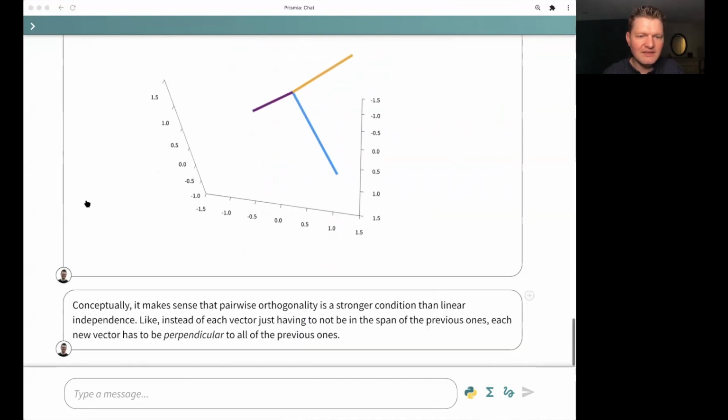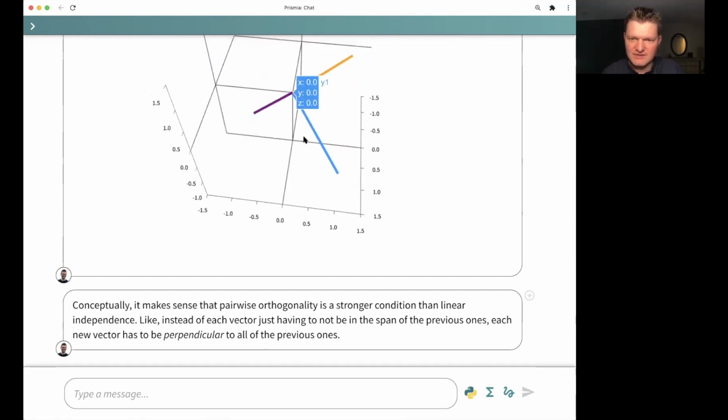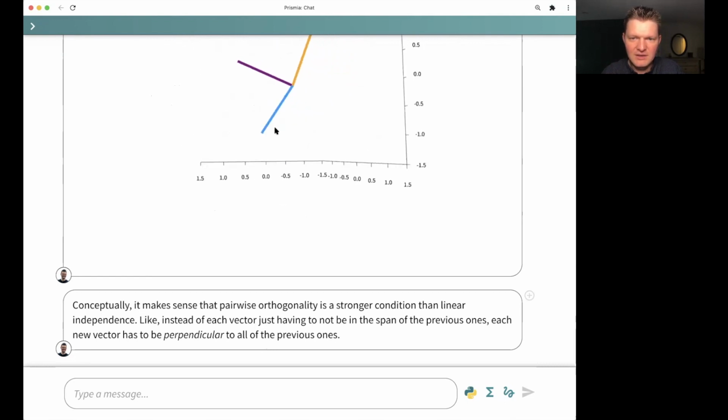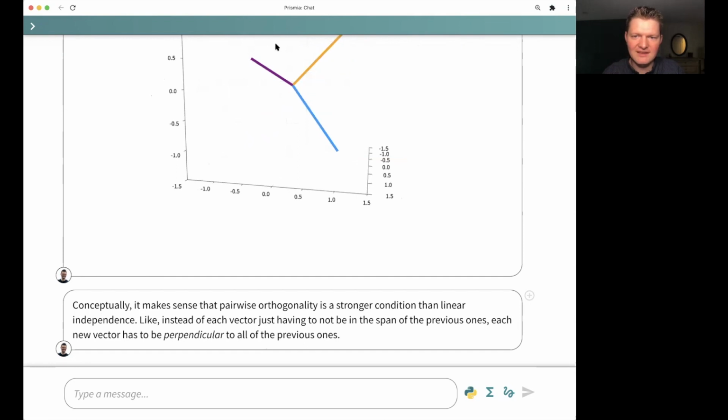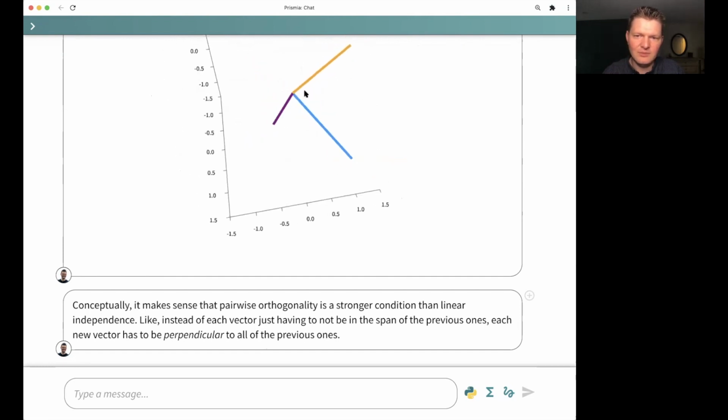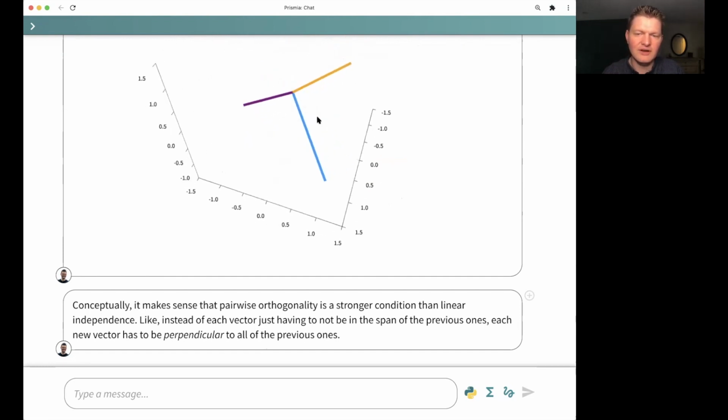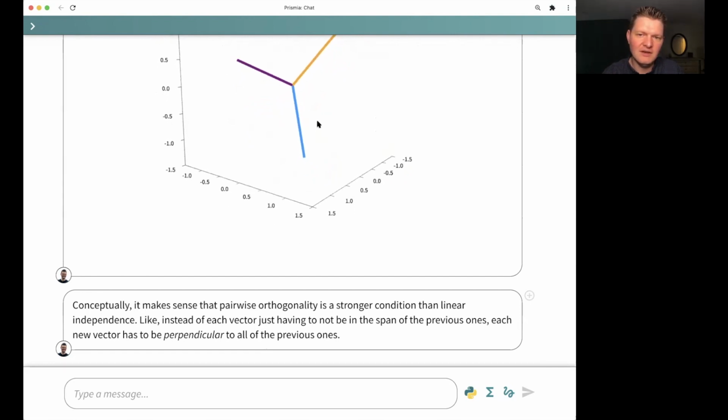So one thing that I think makes total sense conceptually is that pairwise orthogonality is a stronger condition than linear independence. You look at these 3 vectors and someone asks, are they linearly independent? You're going to say, definitely. They fail very badly to introduce any linear dependency between the vectors.